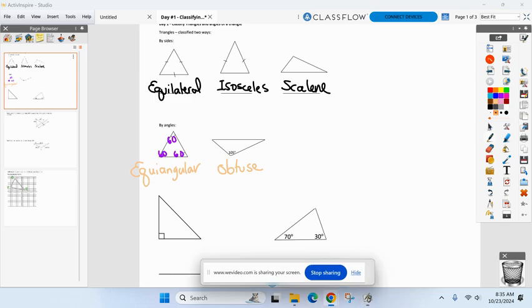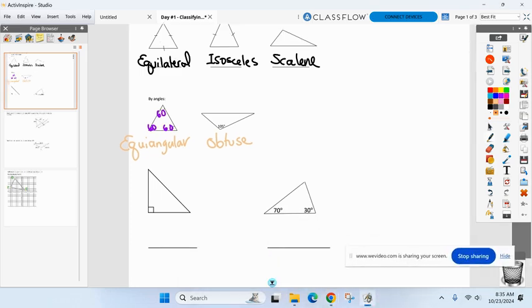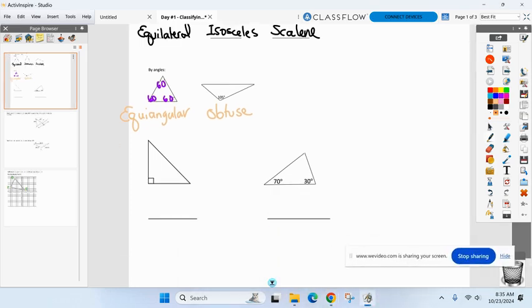Down here, next one. You see our symbol there. So this is a, what's that symbol for again? Right angle. So this is a right triangle. We could find the missing angle here, right? If that's 70 and 30, what do I have? 100.